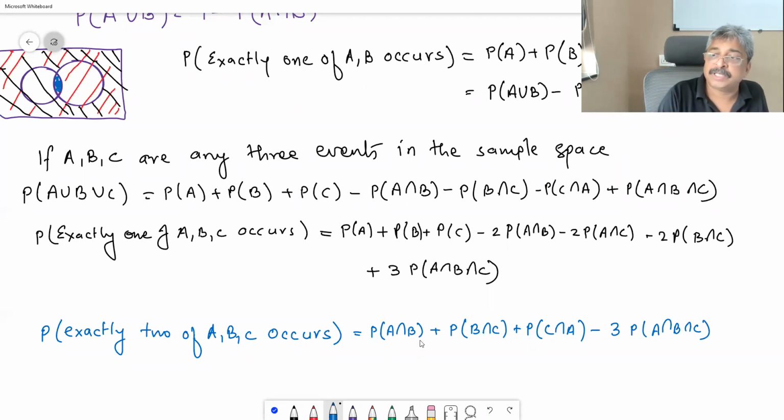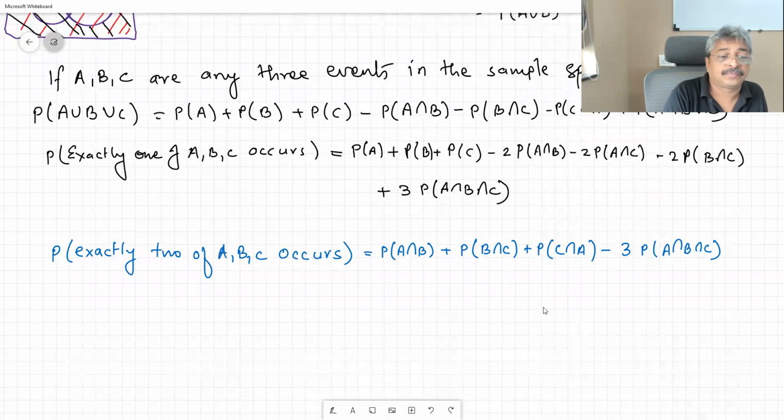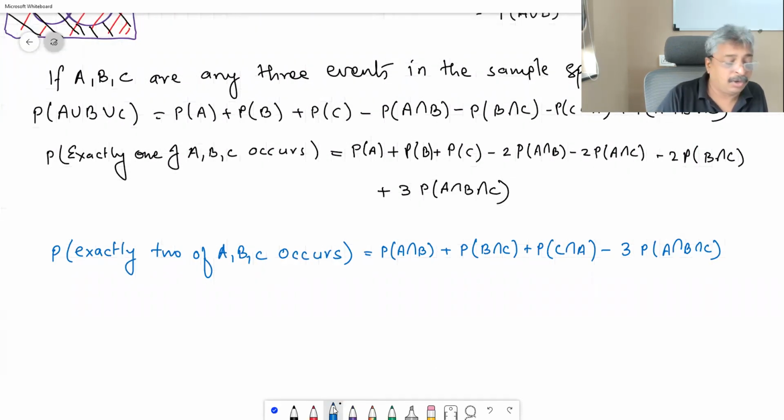If you want any explanation for any of them, you can tell me. We can draw a diagram and get it clarified. Next, probability of at least 2 of A, B, C occurs.